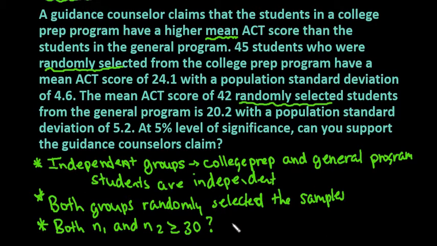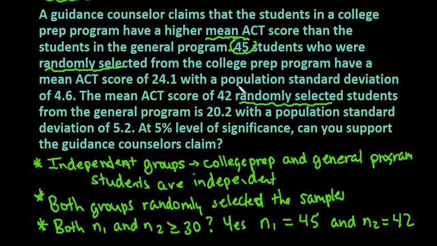So you want to ask yourself, and the answer to this would be yes, n1 equals 45, and n2 is equal to 42. Okay, so n1 would be the number in the first group that we're working with, which is the college prep program, and n2 would be the size of the second sample.